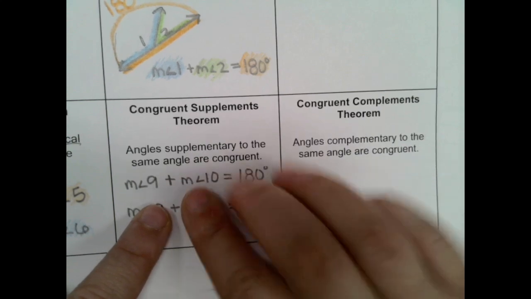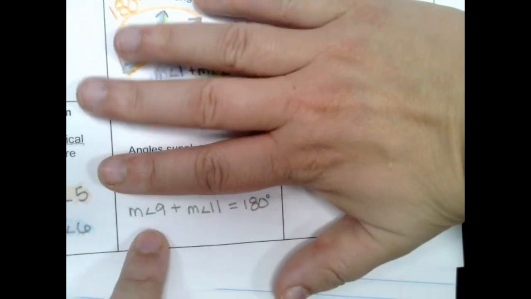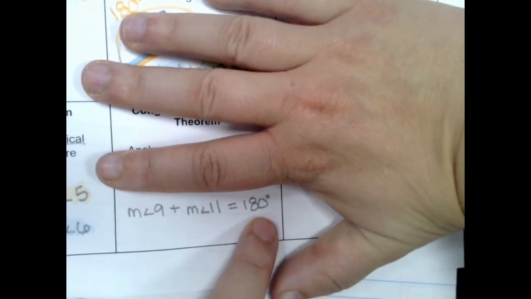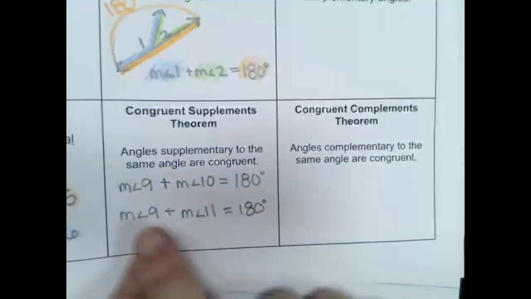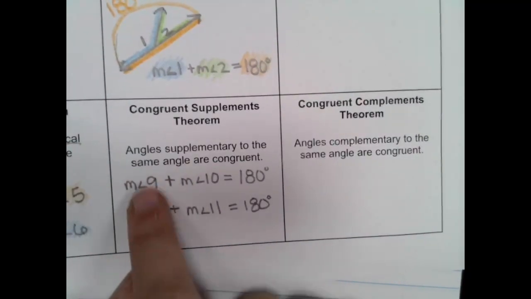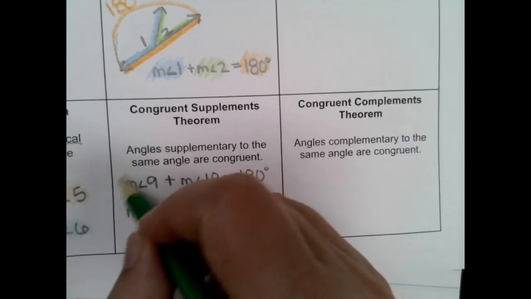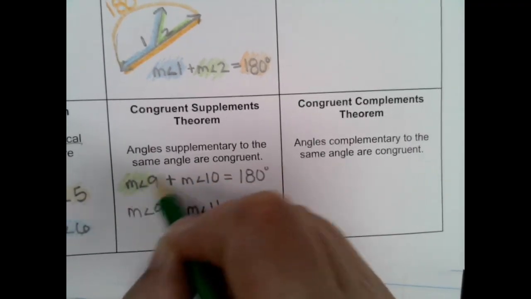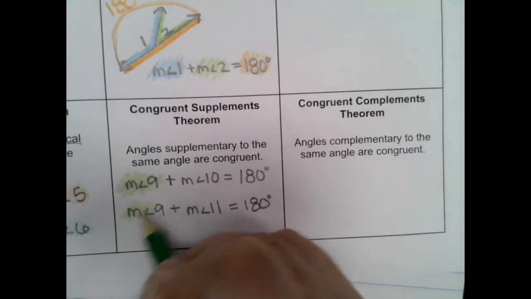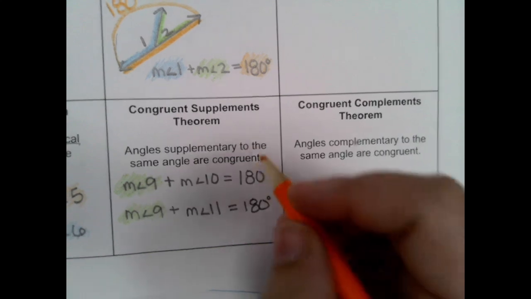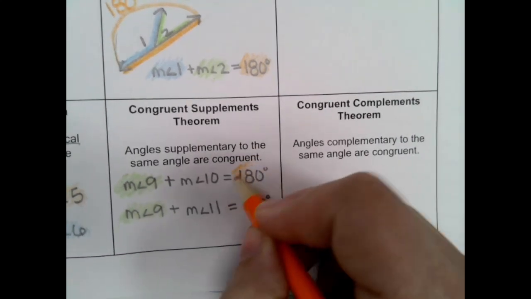But now when I go to the next one, angle 9 is still 100. 100 plus what is 180? 80. There's only one number that when I add it with the same number that would equal 180. So because these two match, we have this angle 9 and angle 9 match. Those are equal. They're the same number in both situations. And in both cases, they equal 180.